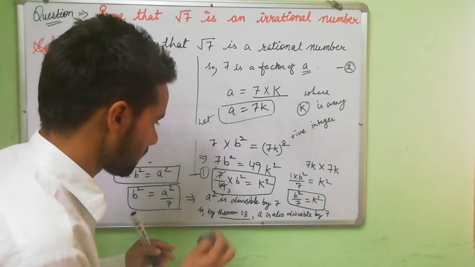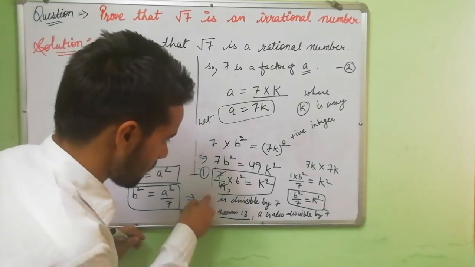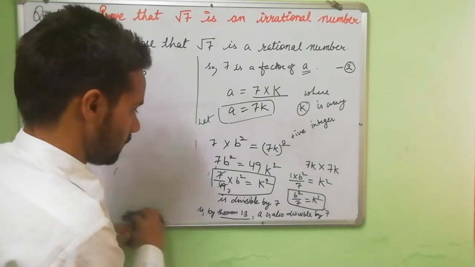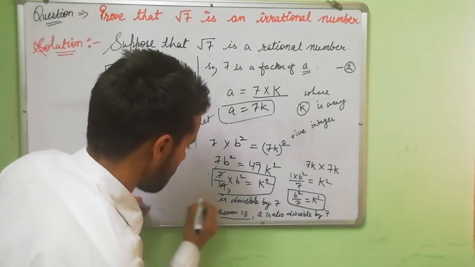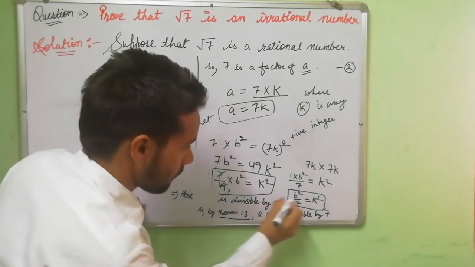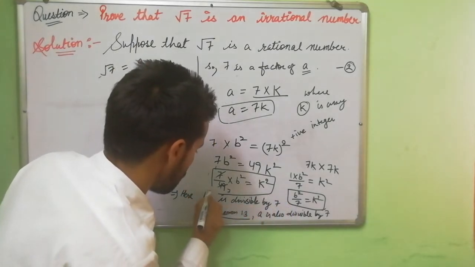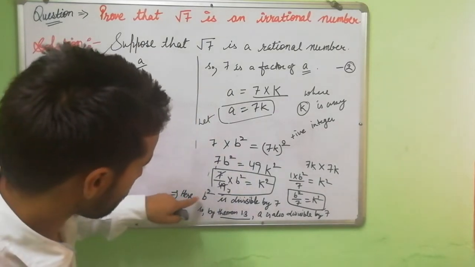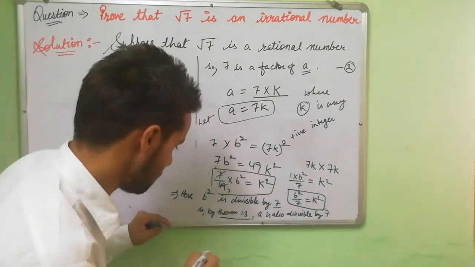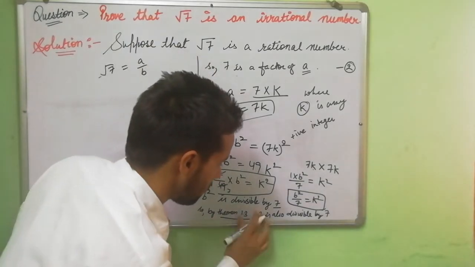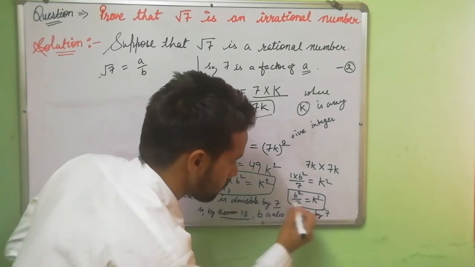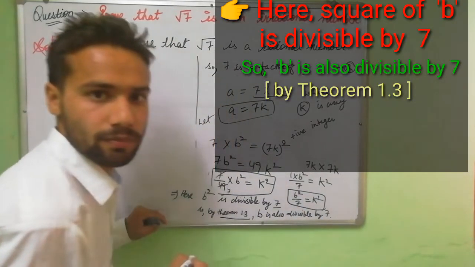I use the same thing which I wrote here. So b square is divisible by 7. That means by theorem 1.3, b, meaning the base, is also divisible by 7.